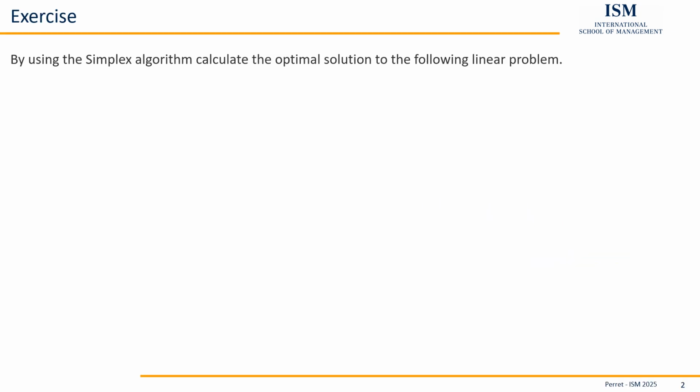As an exercise, we have a relatively simple one here: by using the simplex algorithm, calculate the optimal solution to the following linear problem. Our problem is a maximization problem with two decision variables, x1 and x2.